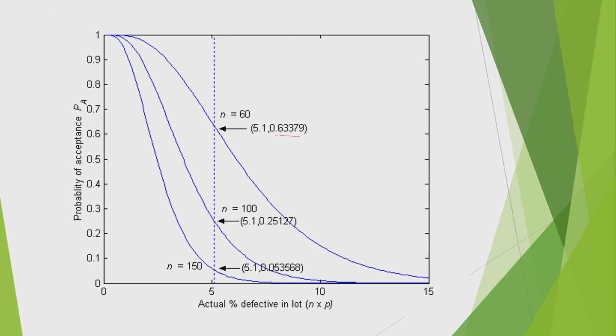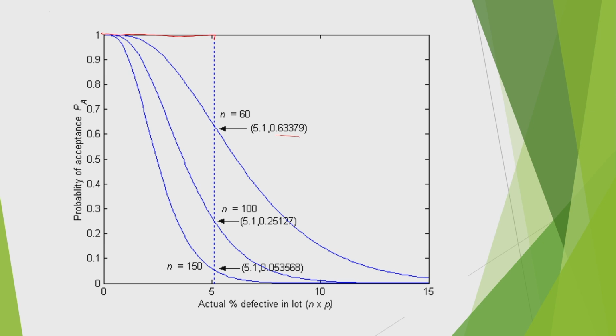Now if somebody wants that 5.1 is a very sacrosanct type of thing, naturally he wants that as soon as the defective becomes more than 5.1, the lot should be rejected, and if it is less than 5.1, then it should be accepted. Then ideally your curve should be like this.